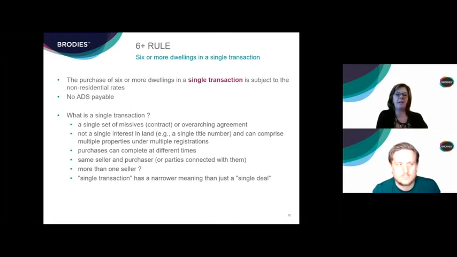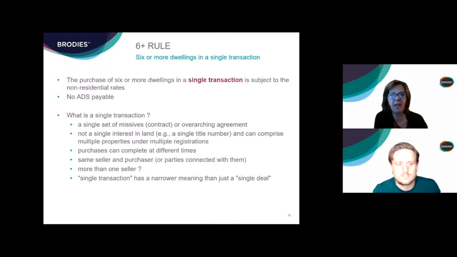But it needs to be generally the same seller and purchaser or parties connected with them, but it can sometimes be more than one seller if that works out in terms of the contract. A single transaction is probably narrower than just a single deal, because a deal could span various different transactions.